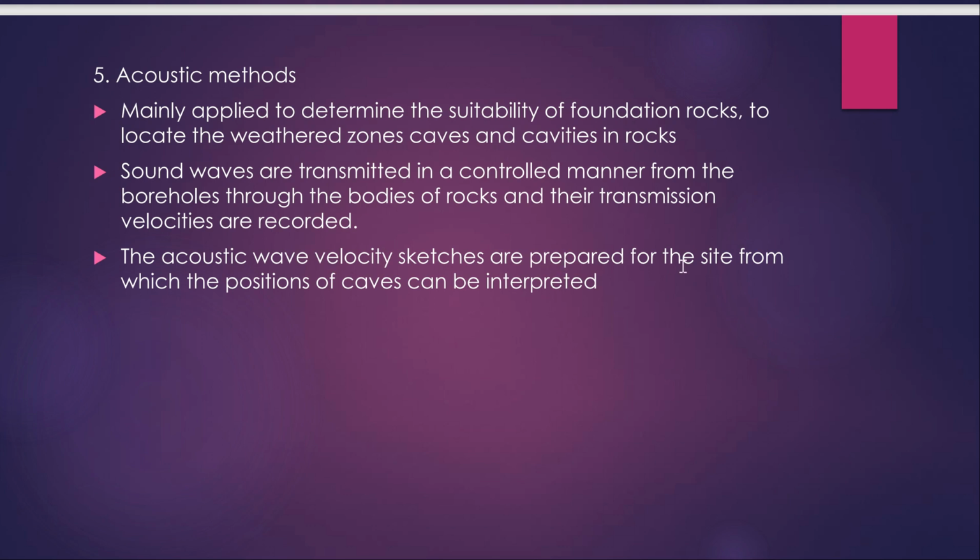So if there is any flaw or cavity or cave in the rock body, it can be identified by using the acoustic wave velocity sketches, because the velocity of sound waves in different rock masses or in different media is different.